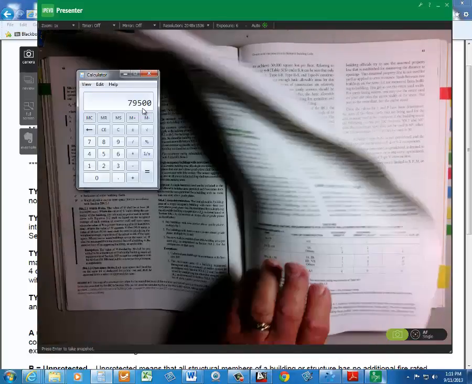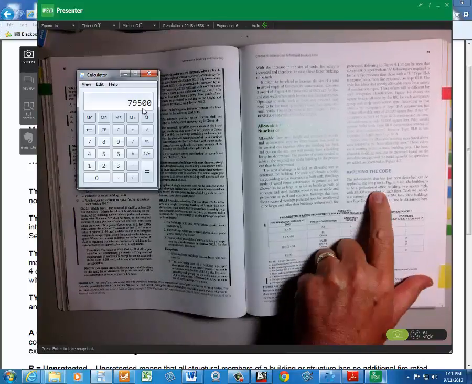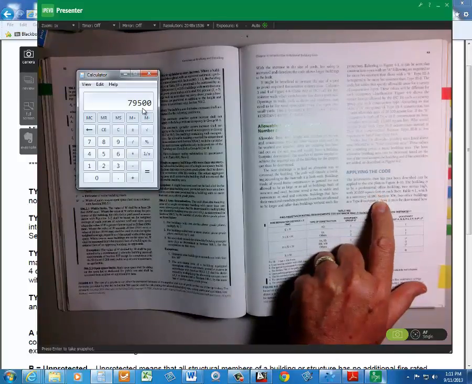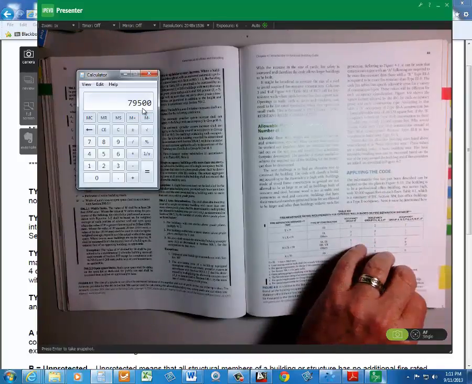All right, so we're basically going to be applying the code. The building is to be a professional office building, 2 stories, 30,000 square feet on each floor, from table 4-1, which is a summary of that.